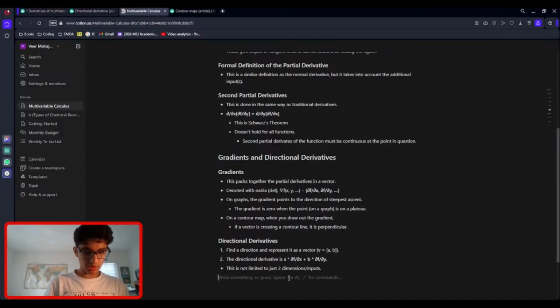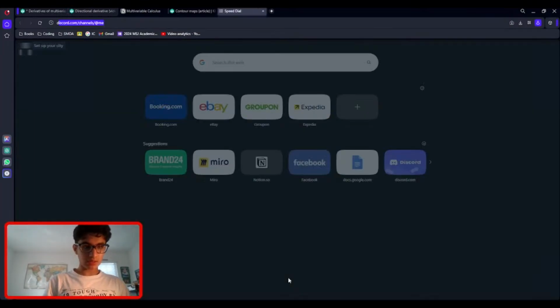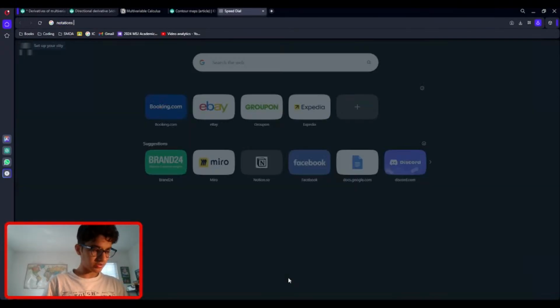And then some different notations are. And what are these different notations? Well, let's just Google that and see. He mentioned a few, but I'll have to copy paste anyway.